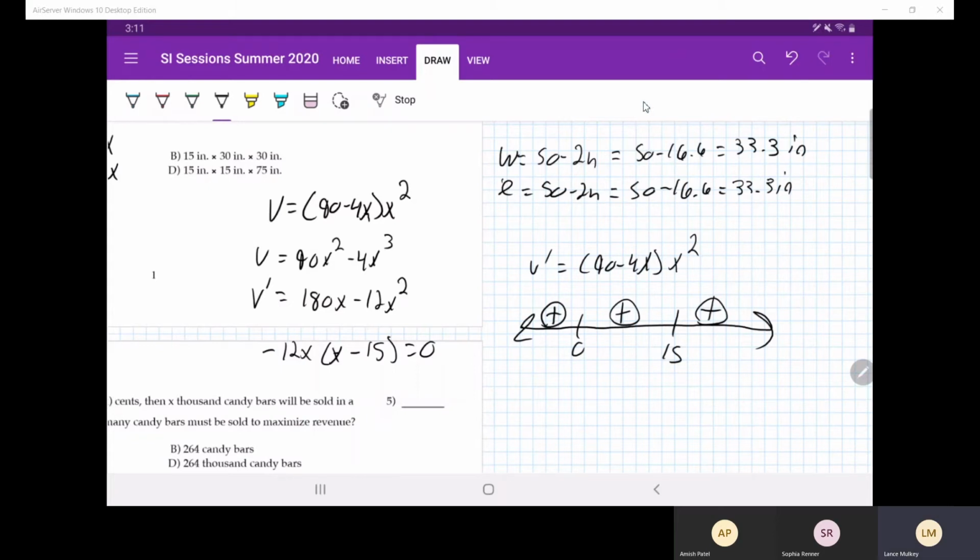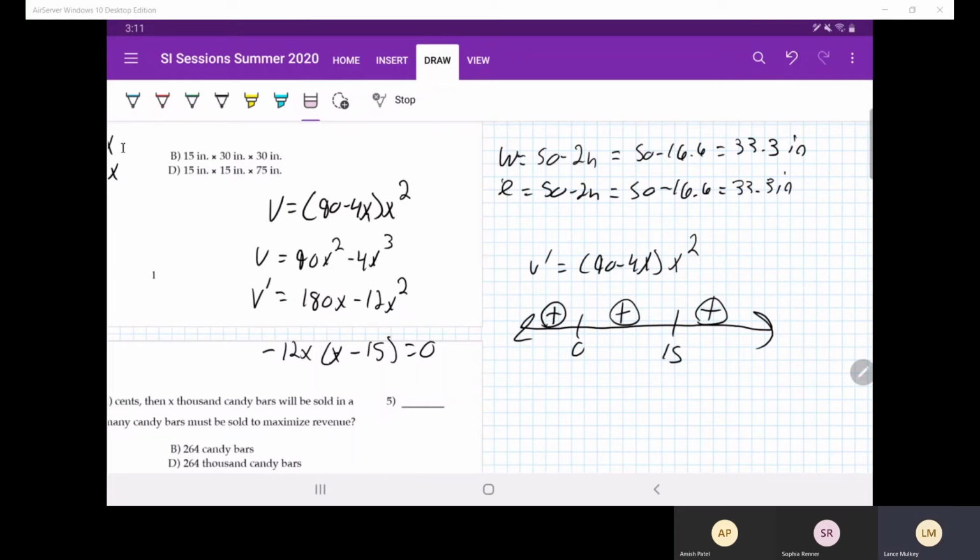A number less than that shouldn't be. It should be decreasing on the left. Okay. Where did I go wrong?